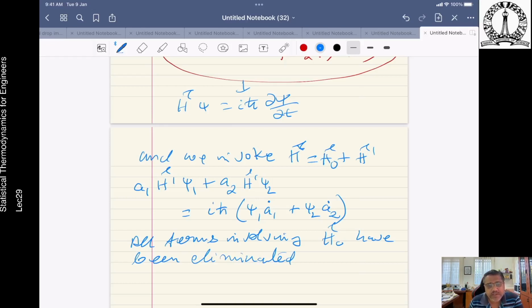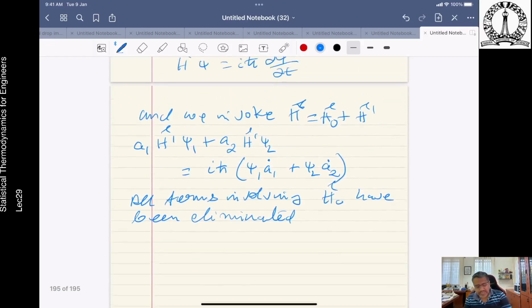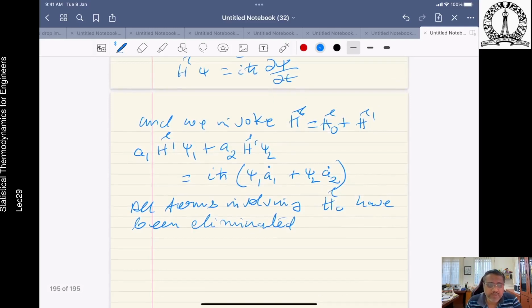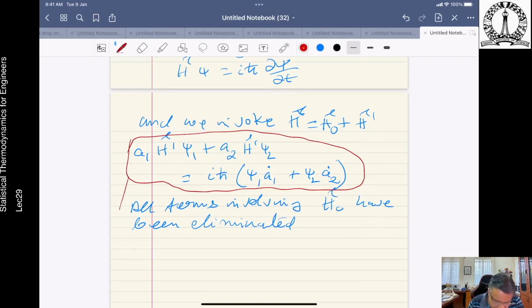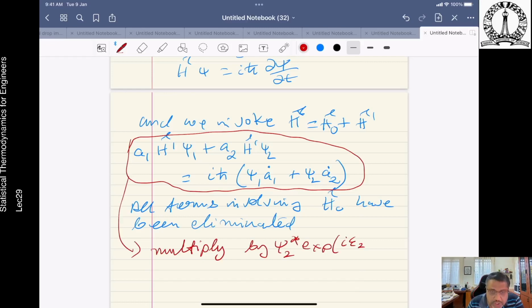Now what happens is that we multiply this equation by chi2 star exponential i t over h bar.